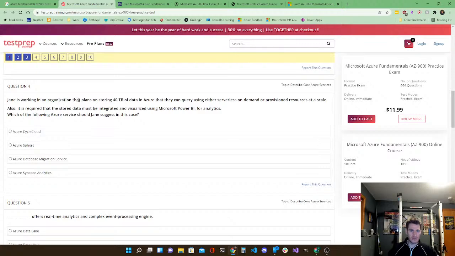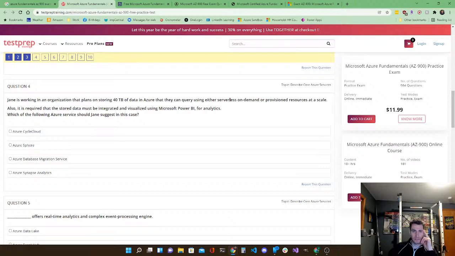Jane is working in an organization that plans on storing 40 terabytes of data in Azure that they can query using either serverless, on-demand, or provisioned resources at a scale.